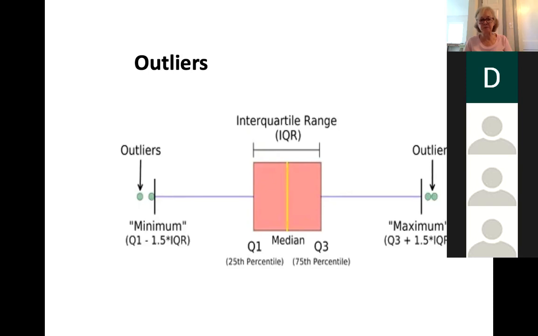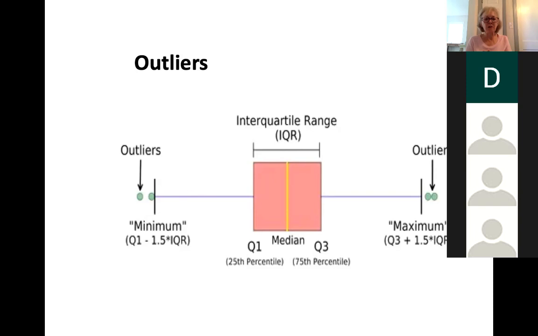Here's the rule. You calculate a fence, an invisible barrier. You take Q1 and you subtract 1.5 times the width of the box, and you come up with a number. That's an imaginary fence.